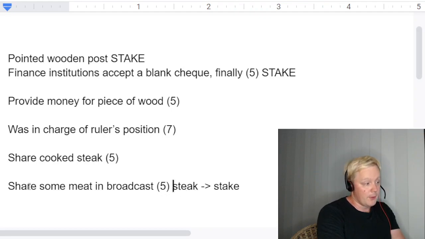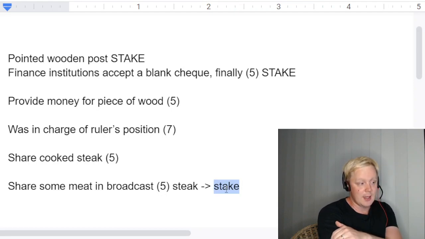Also, we know from the structure of the clue, by the way, that this is the right direction. So we are not supposed to take the word stake, S-T-A-K-E, and turn it to steak, S-T-E-A-K, because if we did that, then the definition would be in the middle, and then the wordplay part would be here and also here, and you cannot do that.